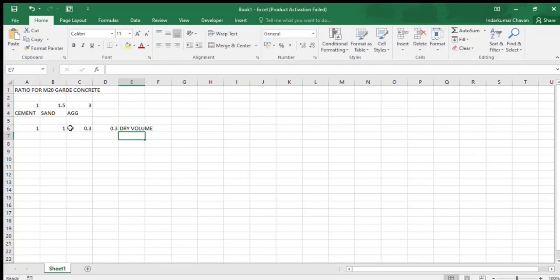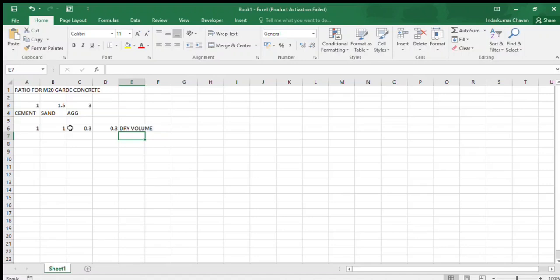But whenever you calculate the material for any type of activity, it may be mortar or concrete, you need to know the wet volume for that particular activity.